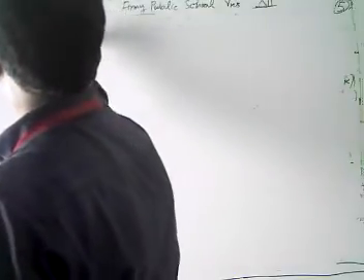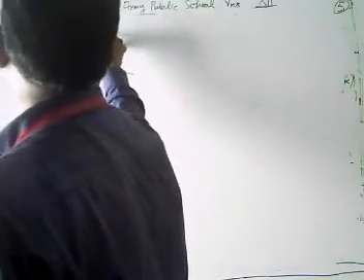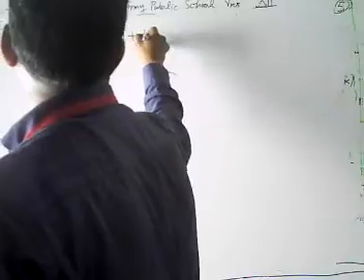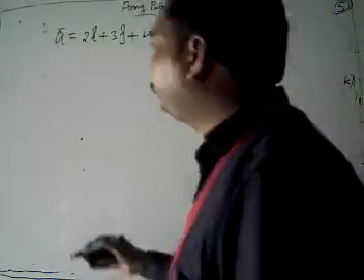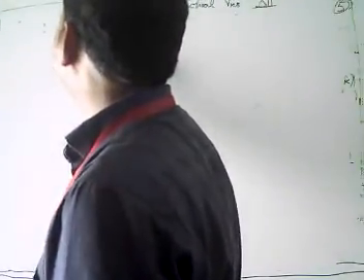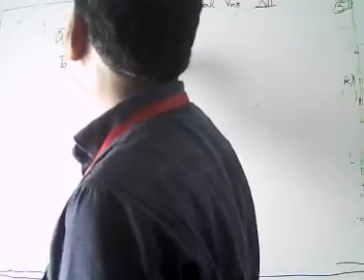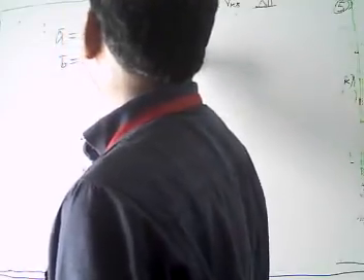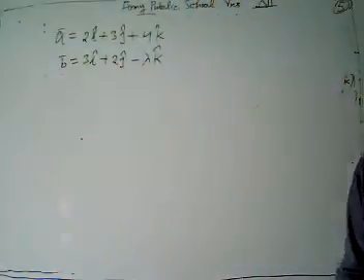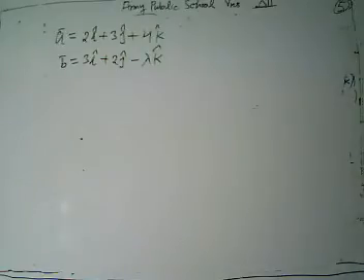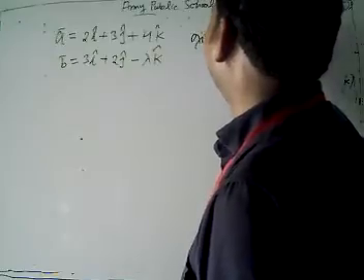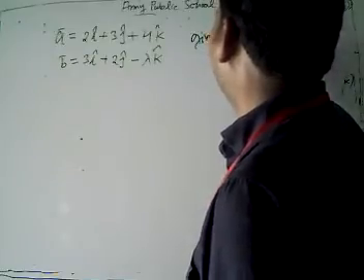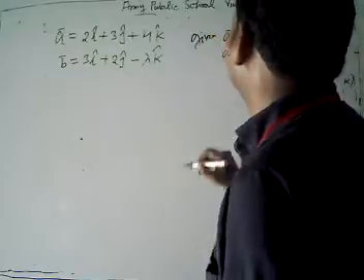Our vector a is given by 2i cap plus 3j cap plus 4k cap, and vector b is given by 3i cap plus 2j cap minus lambda k cap. What is given there? Vector a and b are perpendicular.